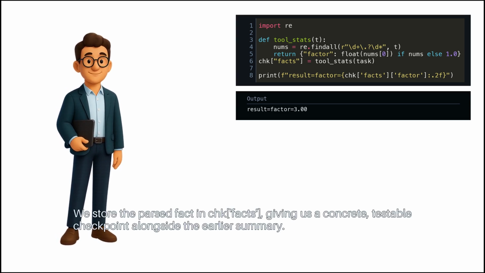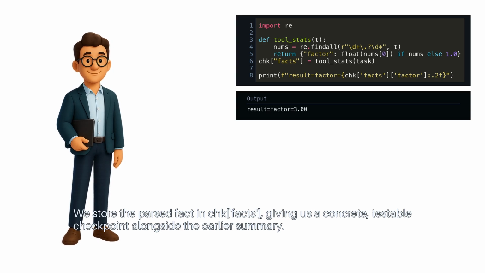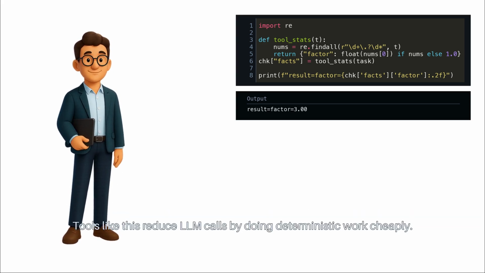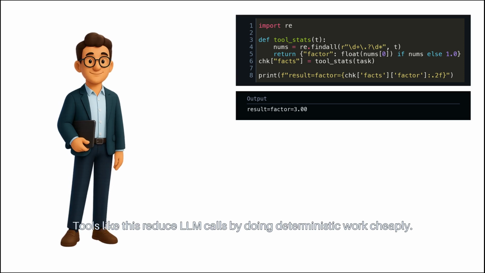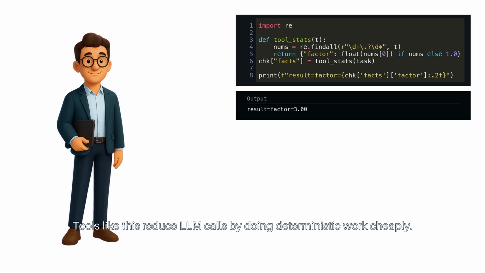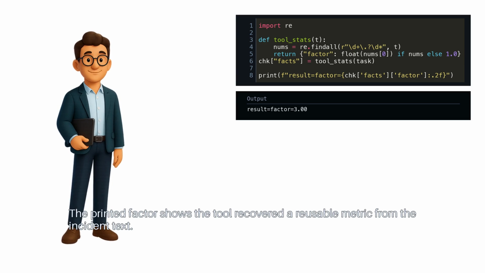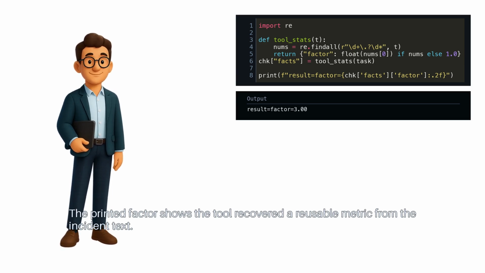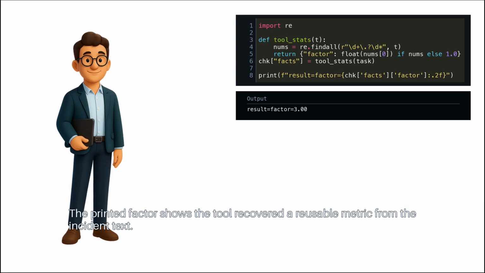We store the parsed fact in check facts, giving us a concrete, testable checkpoint alongside the earlier summary. Tools like this reduce LLM calls by doing deterministic work cheaply. The printed factor shows the tool recovered a reusable metric from the incident text.